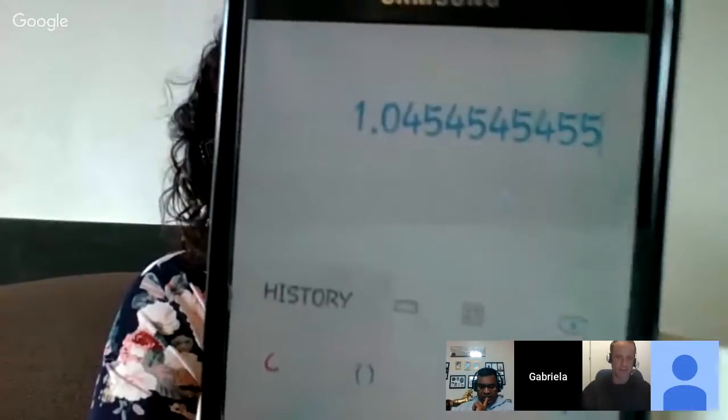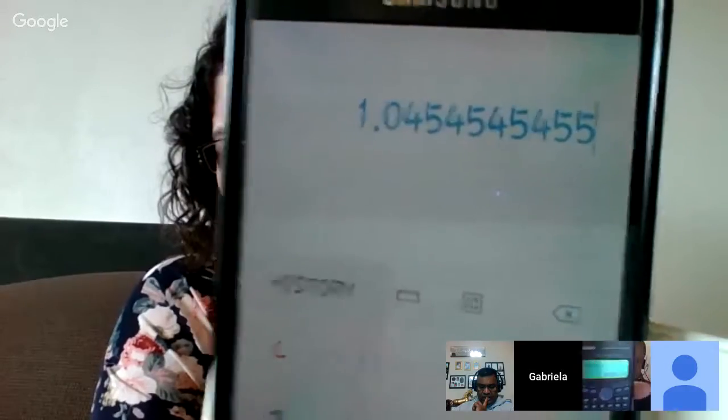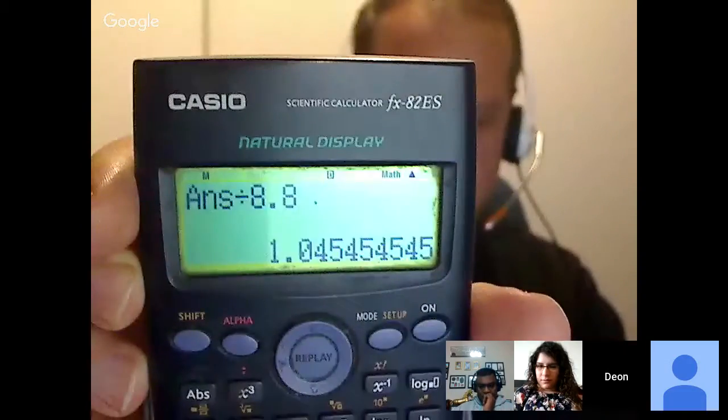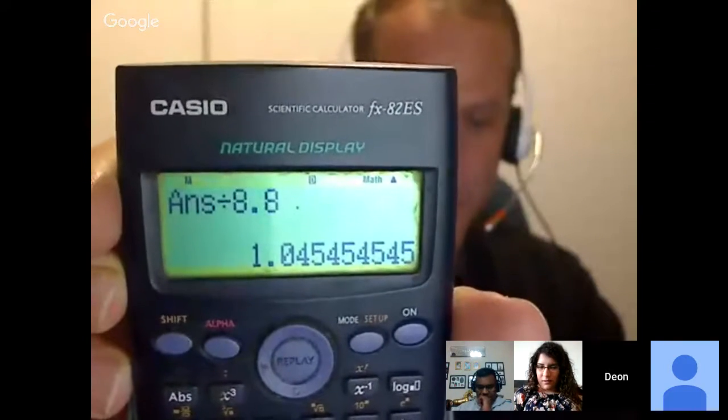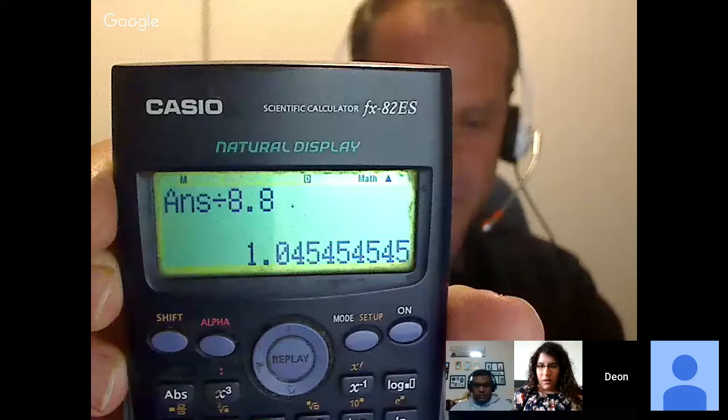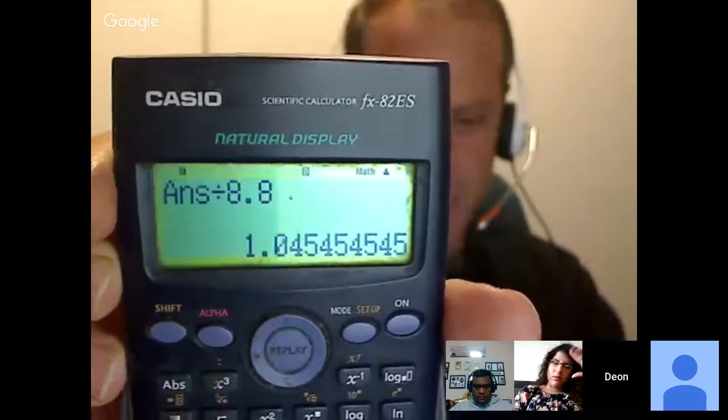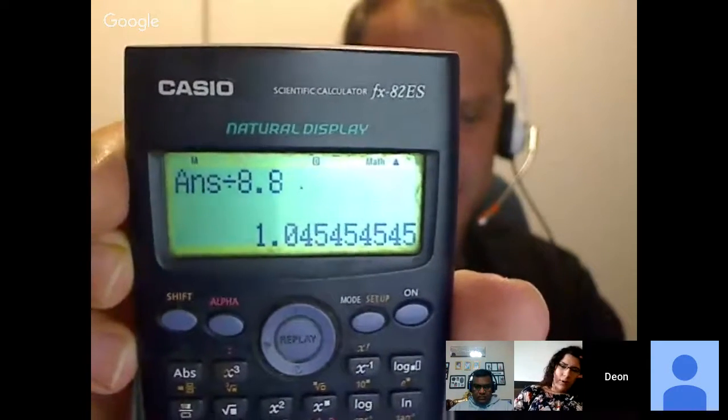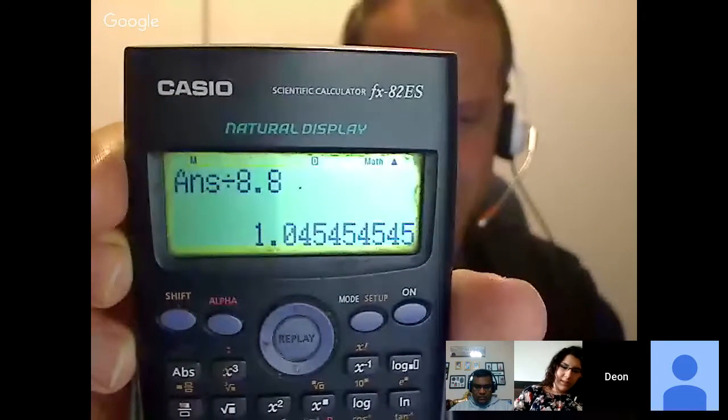There's a 4 in front of it, but the 4 becomes a 5 if you round that, and then the 5 rounds up to 6. But wait, don't we want only 3 decimal places? Don't you use the previous numbers to round to those 3 decimal places?